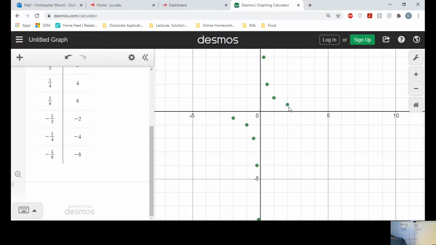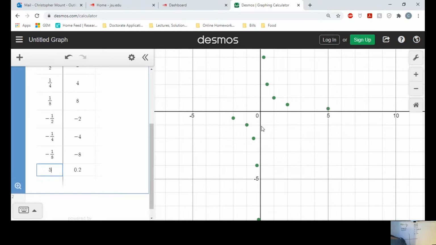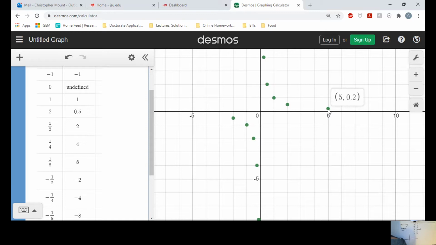Okay, what about when we let x get very large? What's happening here? Is it going to go down here or something? Let's investigate more. This is x equals 2. Let's pick x equals 5. So there's that point, 5 and 1/5.